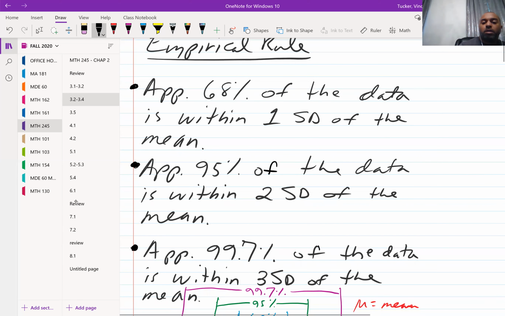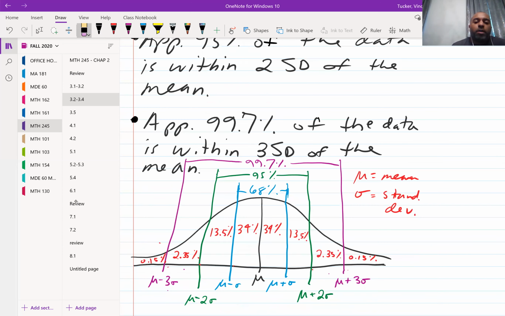All right, there's a diagram that goes with this. Let me erase. So within one standard deviation, in other words, we have our mean right here in the middle. If you were to add a standard deviation and subtract the standard deviation, that's right here, 68% of your data.